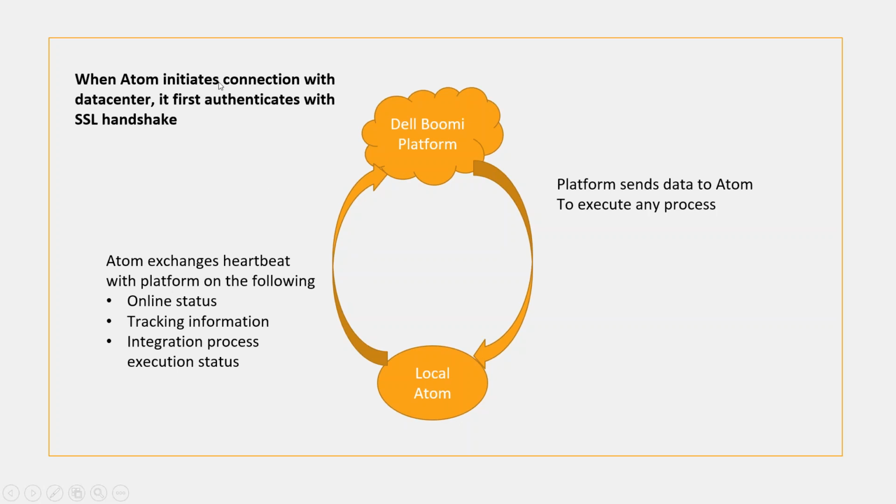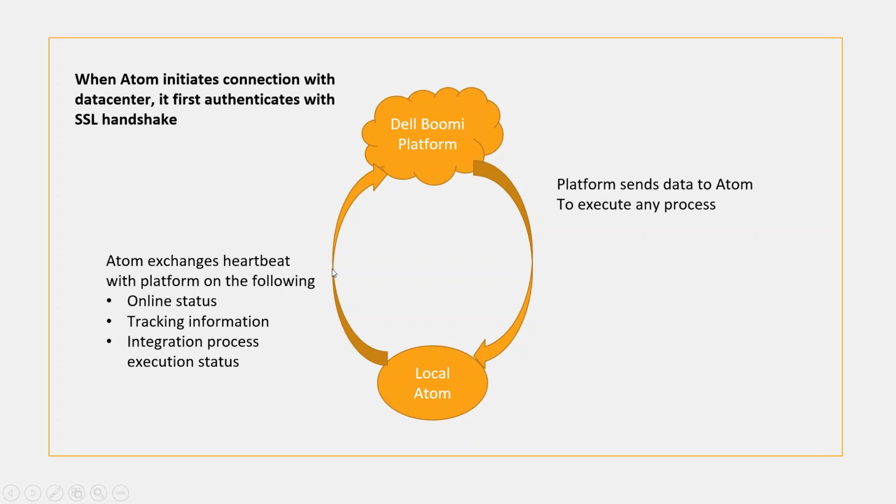So when the Atom initiates a connection with the data center, it first authenticates with an SSL handshake. With this, a secured communication is established. And once this heartbeat is exchanged, the platform responds to the Atom and sends data to the Atom to execute any process. Say if there are any scheduled processes that have to be executed, the platform sends that information to the Atom and the Atom then executes that process.